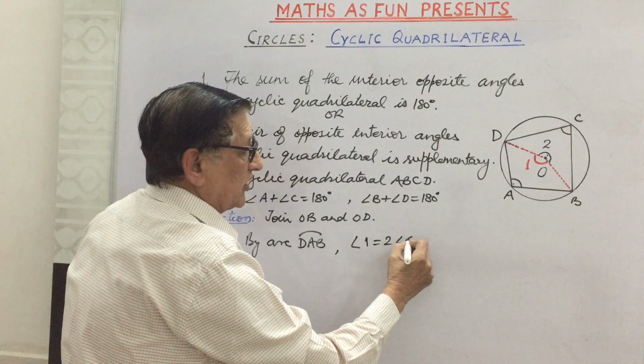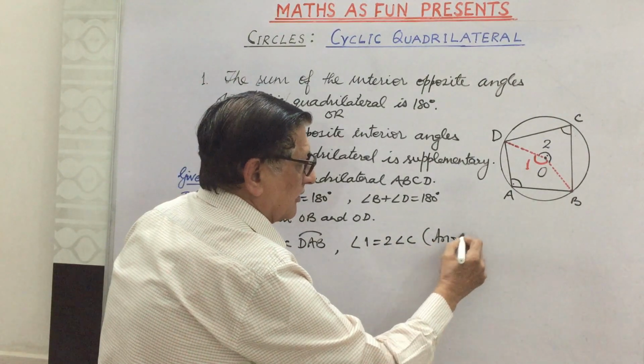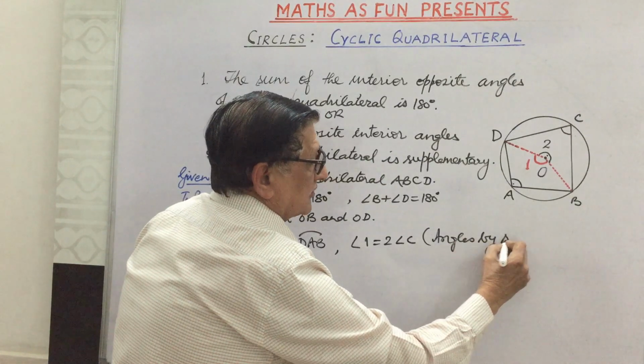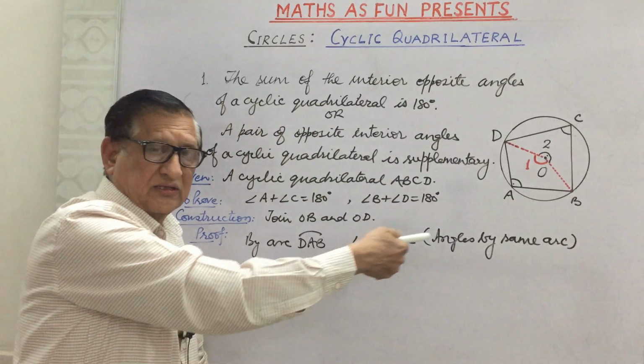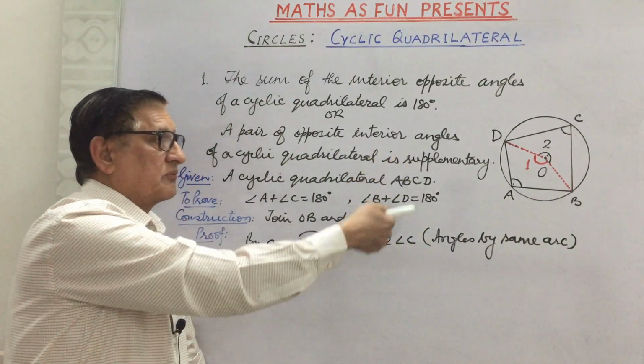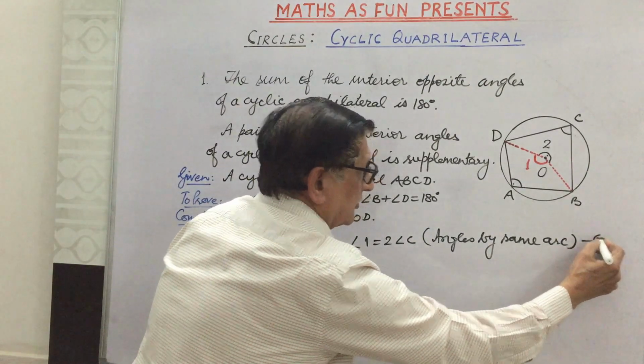This is equal to twice of angle C. The reason is that they are angles subtended by the same arc. This we can write as number 1.